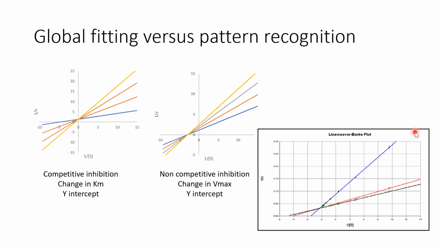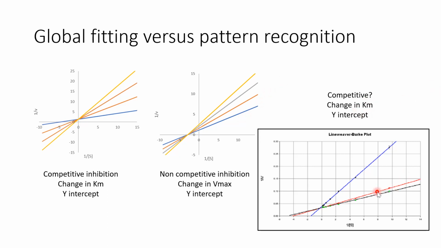And then they're doing a linear regression best fit line through the data points. And they're getting an intercept approximately at the 0 value here. It looks a little off, but at the 0. And they claim this is a competitive inhibitor.